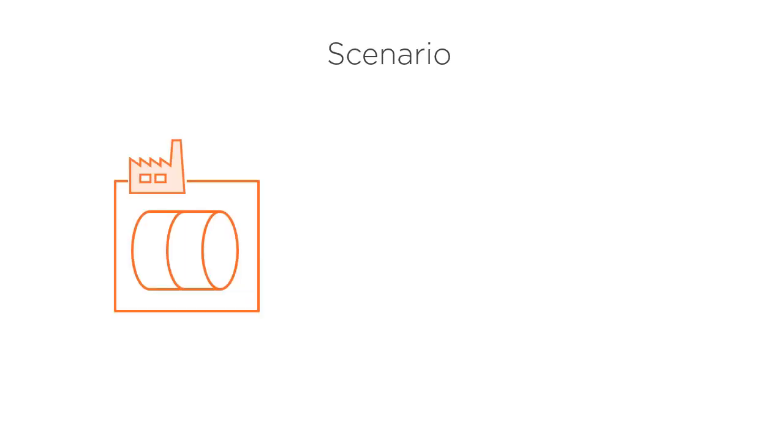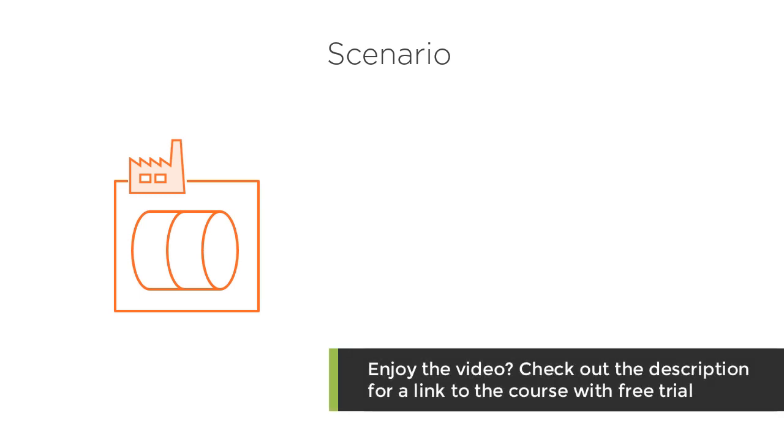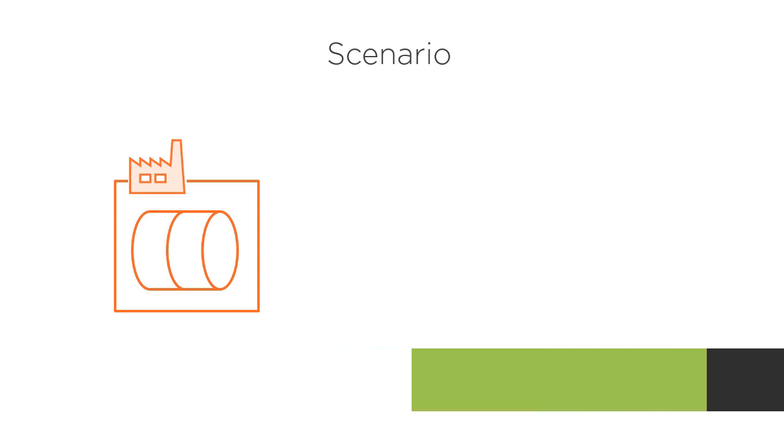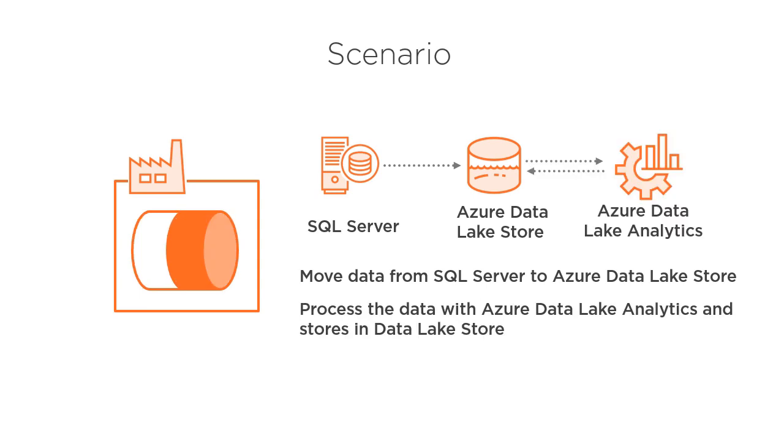Let's take a scenario to understand how integration runtime works with Data Factory to orchestrate data movement. So I have a Data Factory pipeline with two activities. The first is a copy activity to move the data from SQL Server to Azure Data Lake Store, and the second activity processes the data with Data Lake Analytics and stores it in the Data Lake Store.